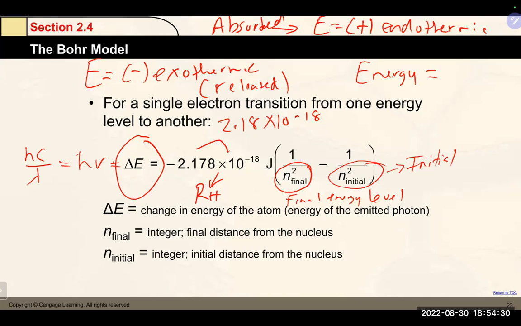It should be absorbing the energy to allow those electrons to do so. If we're talking about electrons dropping from a higher energy level to a lower energy level, that energy has to be emitted or released from the atom, and the change in energy would be negative and be exothermic. Any questions on that there?